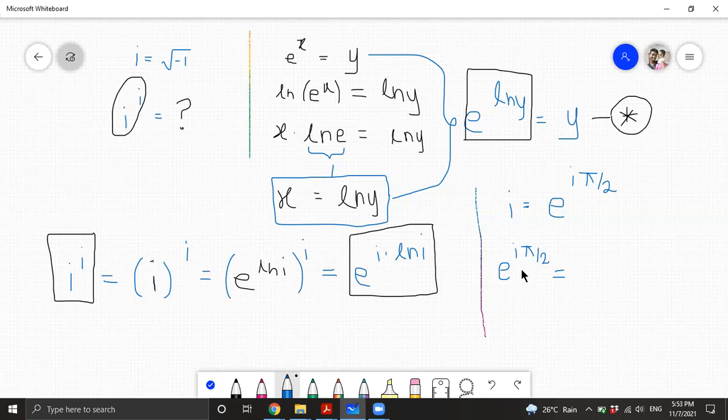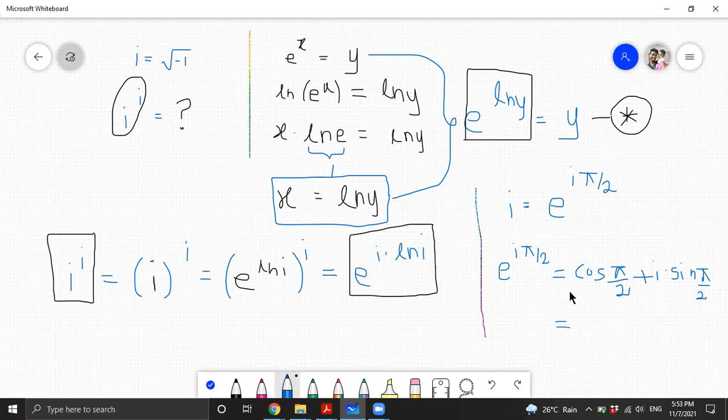So according to that, this e to the power i pi by 2 can be expressed as cos pi by 2 plus i sin pi by 2. Okay, so this we already know.